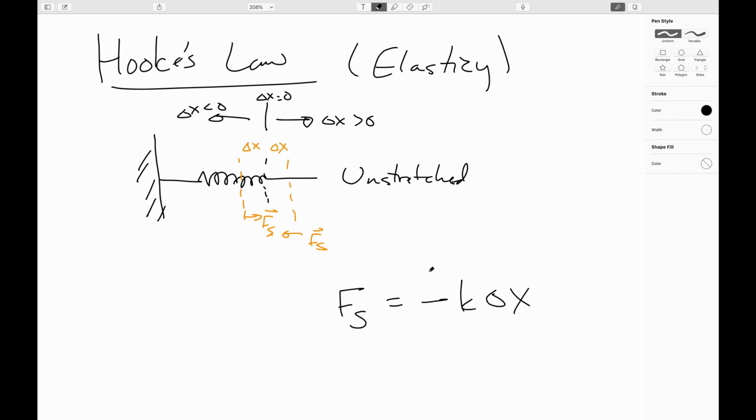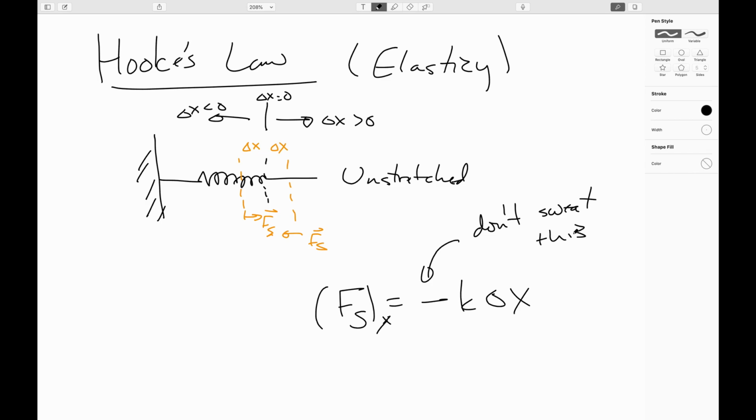Now, this minus sign here, because what I'm doing is taking the x component of this, if you will, don't sweat this. Usually what I recommend people do is just work in magnitude and use their common sense to figure out whether the spring is pushing to the right or to the left.